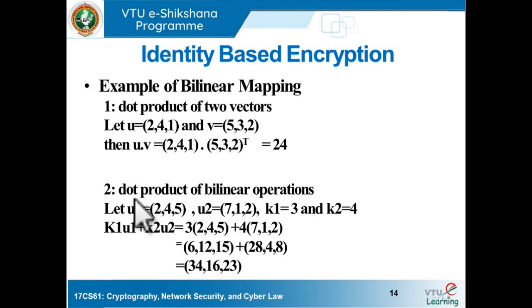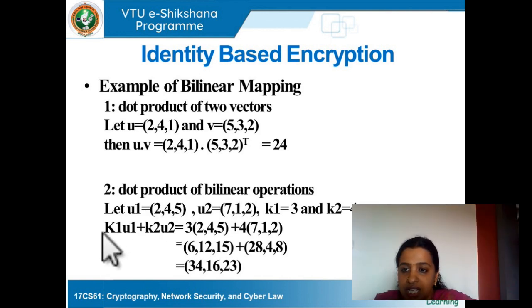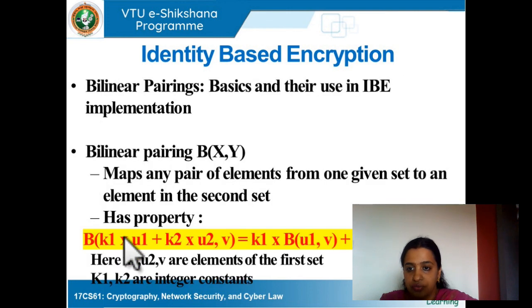Now let's see how the dot product of bilinear operations is performed. We have u1, which has 3 elements, 2, 4 and 5, and u2 has 7, 1 and 2. K1 has a value of 3 and k2 has a value of 4. What's happening here is we are trying to perform the operation k1u1 plus k2u2.